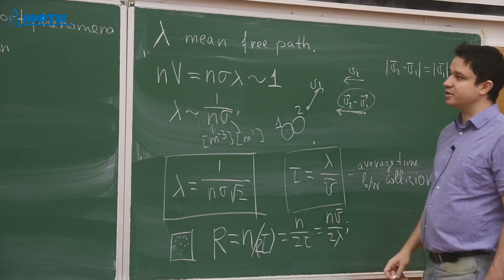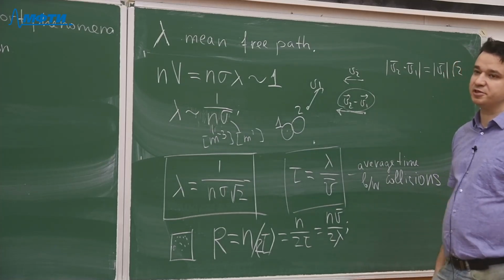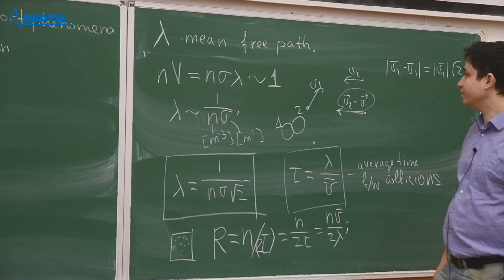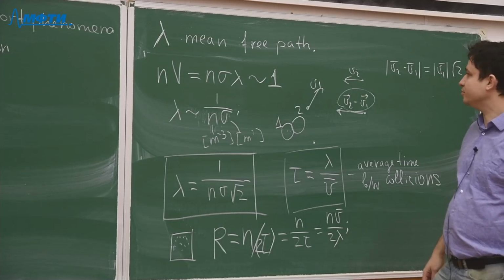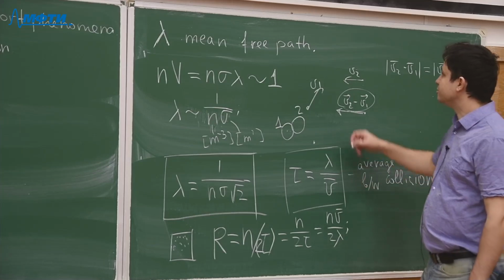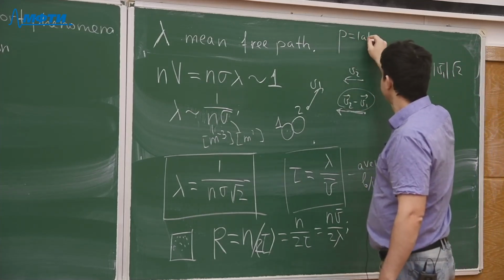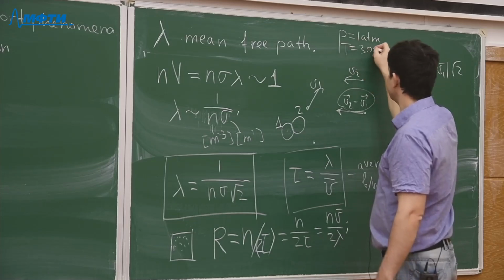Well, all of these are formulas, and you might wonder what the physical scale of these values is, why they are so important in real life, and how far a molecule actually travels in between two collisions. Well, there is an answer to that if we consider a gas at atmospheric pressure and room temperature, 300 Kelvin.